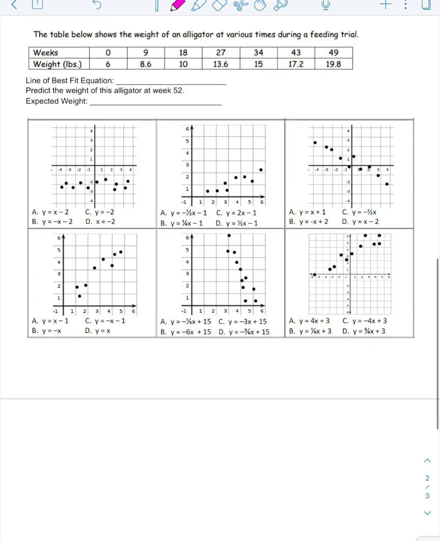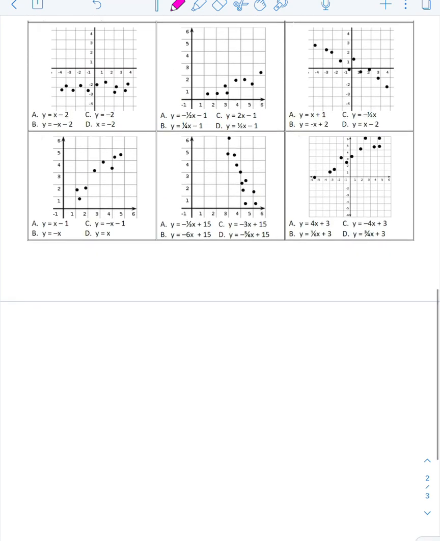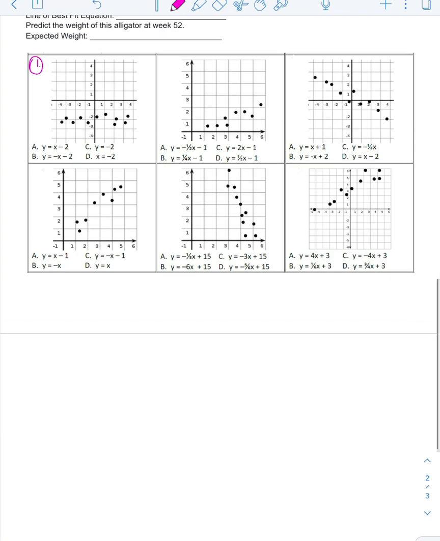I'm actually going to go down to situations where you're given the graph and asked to match it with the correct equation. So when I look at this first example, I have four choices. And remember, I want your thinking to focus on y equals mx plus b.